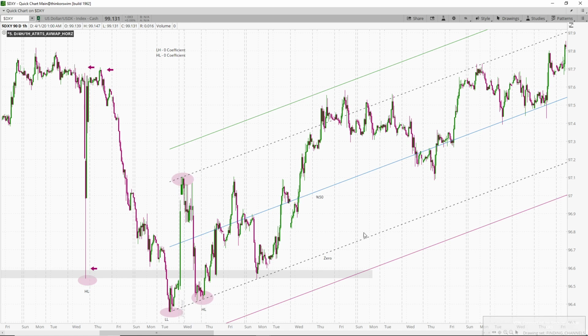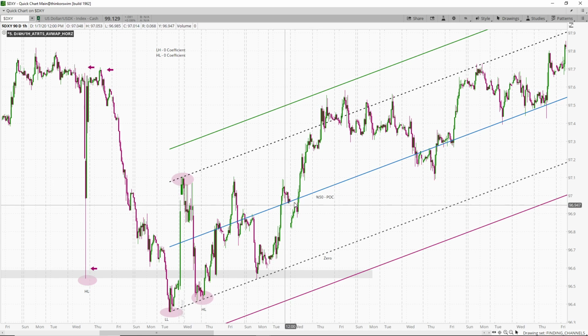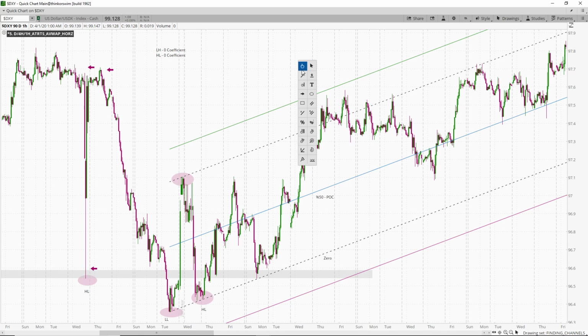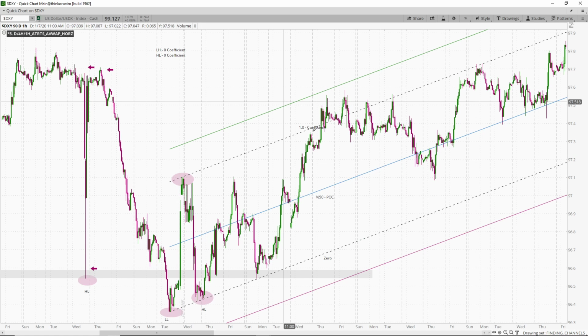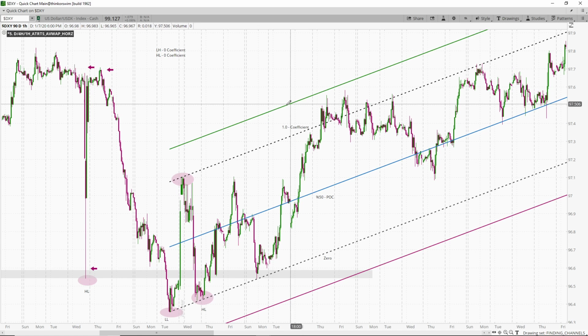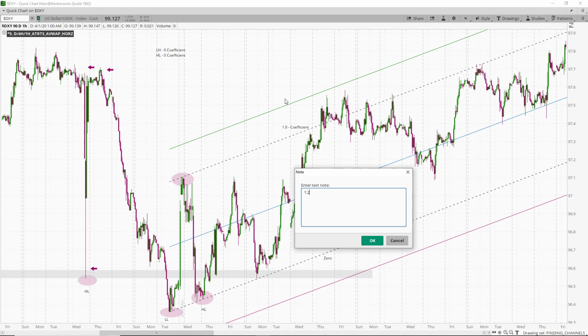We'll go over regression and how to find 50% or a point of control with a regression line later. So what we have here is your 1.0 coefficient. So there's your 1.0. What we have above this is about 1.25, the 1.25 coefficient.